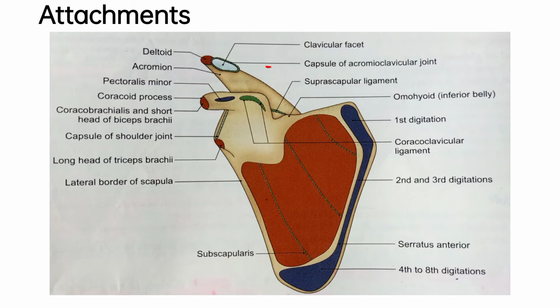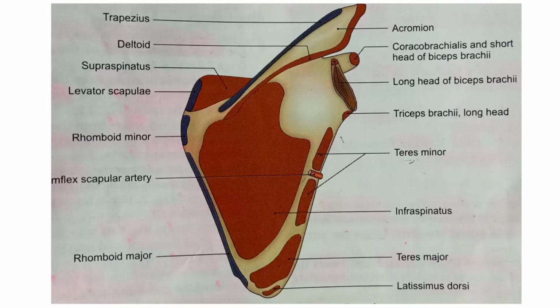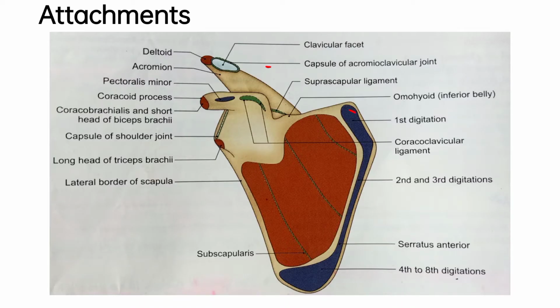Moving further to trapezius. Now trapezius muscle, as we can see here, is inserted onto the upper border of the crest of the spine and into the medial border of acromion. Now serratus anterior, again the costal surface.